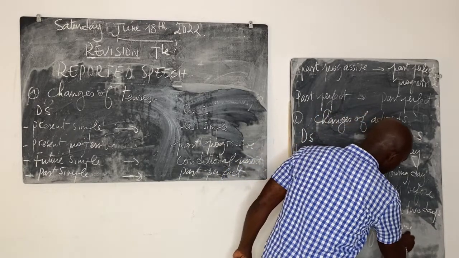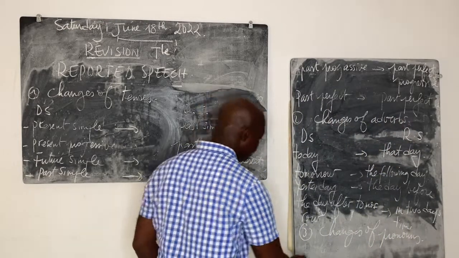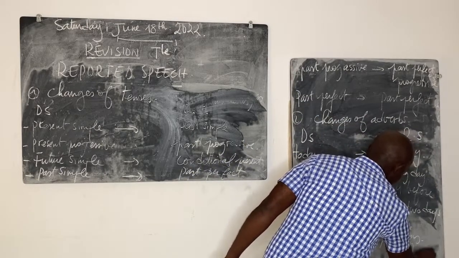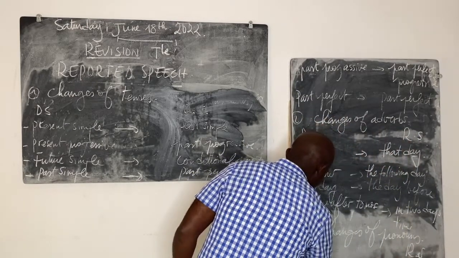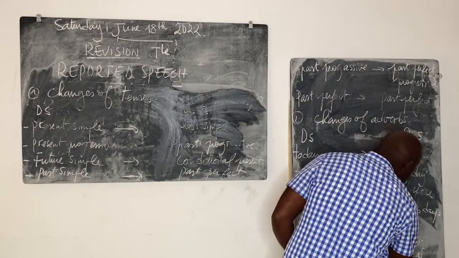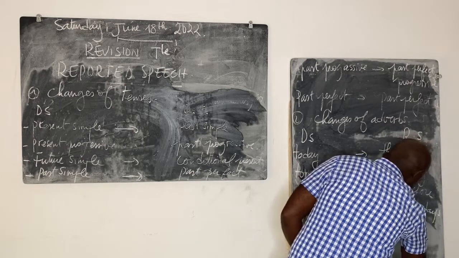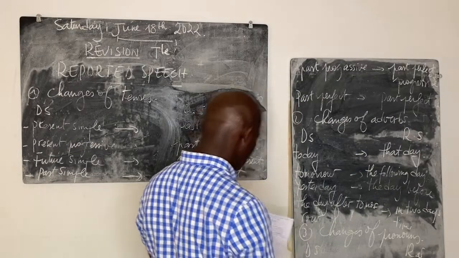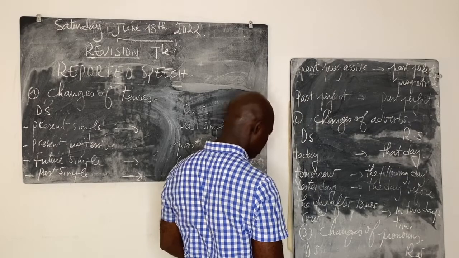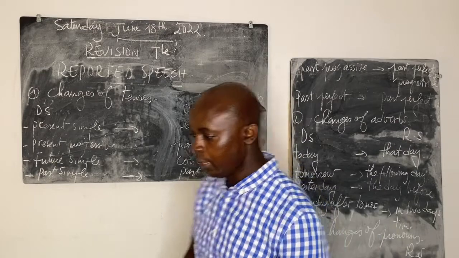When we talk about direct speech and reported speech, when we have I, it is going to be he or she. When you have you, it is going to become you.